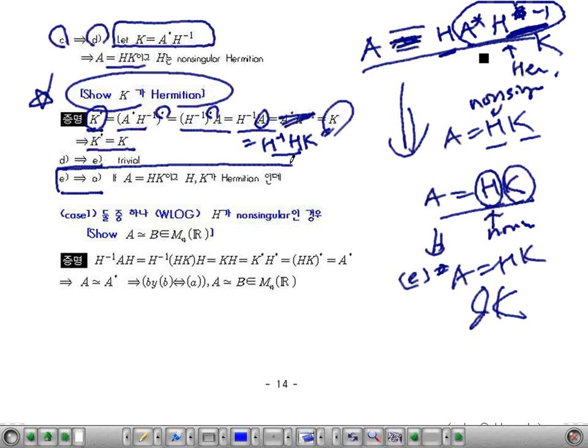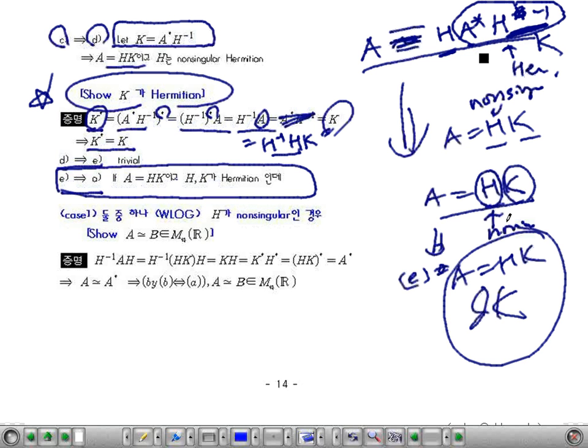Last, E implies A. If A can be written as the product of two Hermitian matrices, we have to show that A is similar to a real matrix. This is the only part. Actually, the others are all easy. This is the real part.